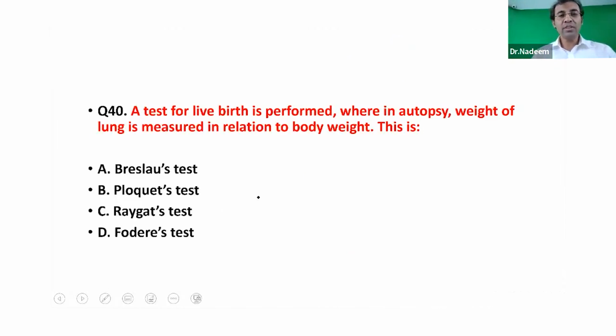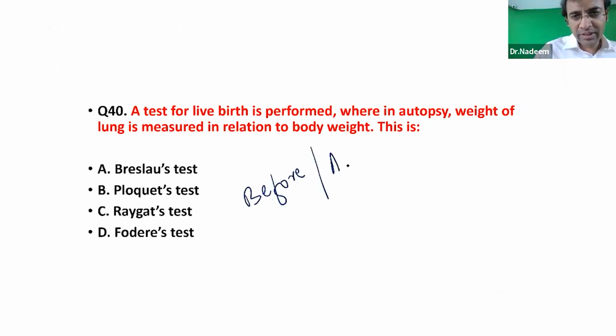A test for live birth is performed where at autopsy the weight of the lung is measured in relation to body weight. What is your answer? See here, one is before respiration and one is after respiration.